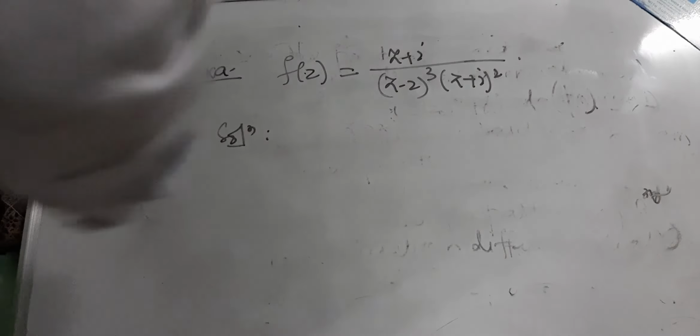Firstly, if I put z equal to 2, then 2 minus 2 is 0, so 1 by 0 becomes infinity. So z minus 2 equals 0, so z equals 2 is a pole of order 3. Similarly, if you take z plus i equal to 0, so z equals minus i, it is a pole of order 2.